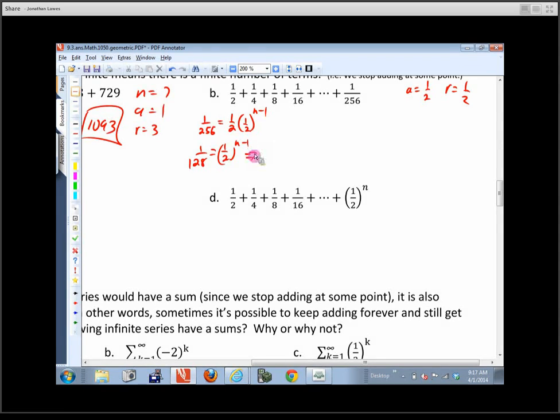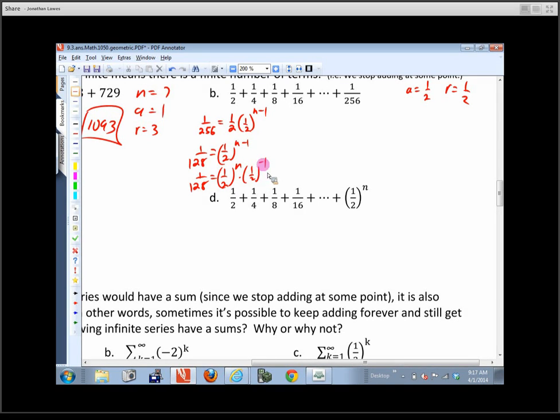I'm going to write this as, so I'll write it down here. This is going to be 1/128. I'm going to write this as 1/2 to the n times 1/2 to the negative 1. Is that right? Remember, I can break this up into two parts. 1/2 to the n and 1/2 to the negative 1. Okay, what does the negative mean?